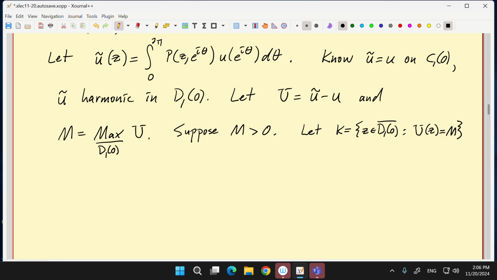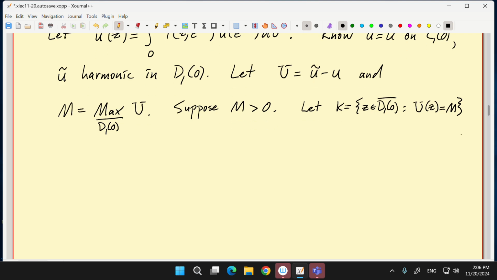We know that the circle is not in that set, so we know that the unit circle is not in that compact set.